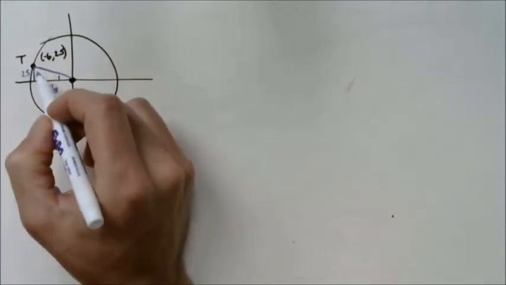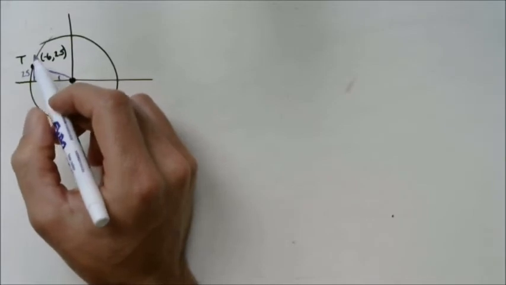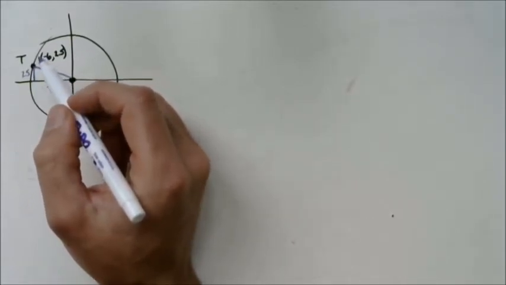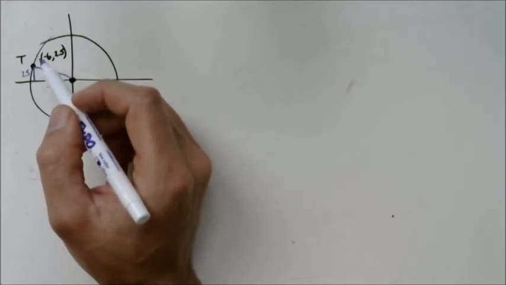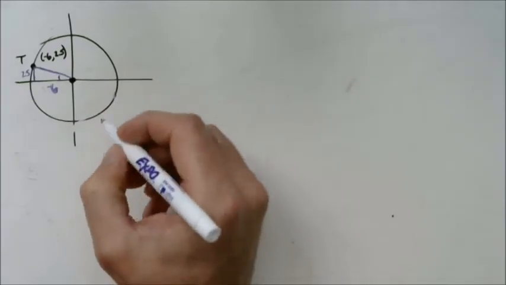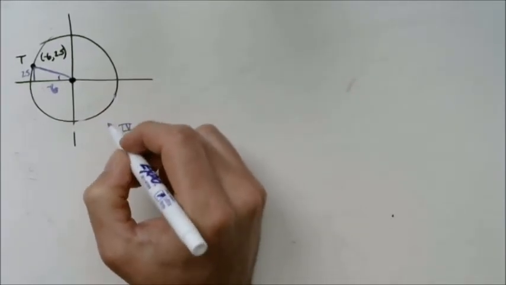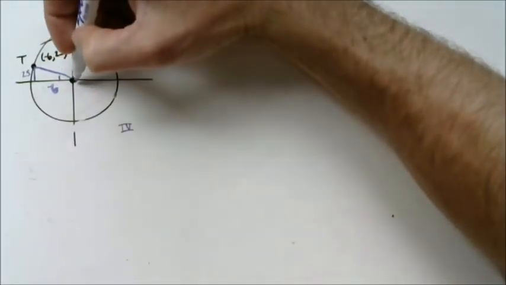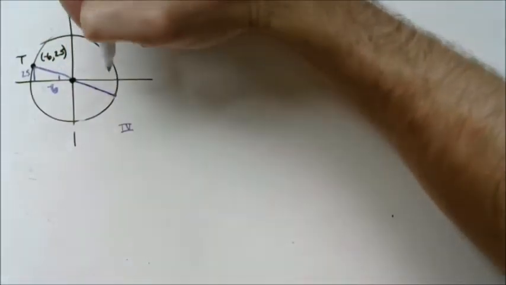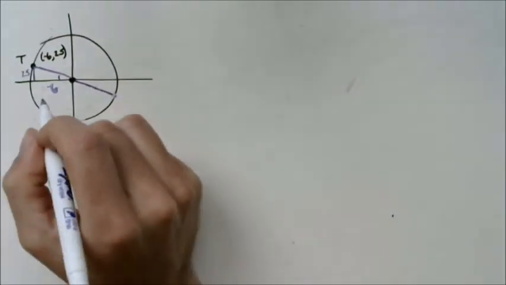Okay. If tangent is negative here, we need to find the other quadrant where tangent is negative. Well, tangent is negative wherever one of cosine and sine is positive and one of them is negative. So it's going to be out here in quadrant 4, because in quadrant 4, cosine is positive, sine is negative, and negative over a positive is negative. Okay, so we're looking at this.